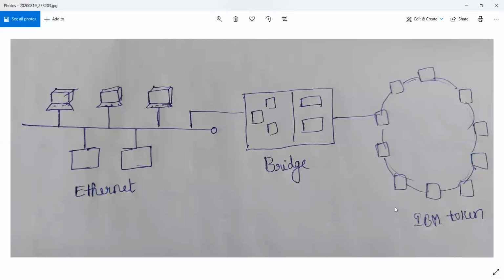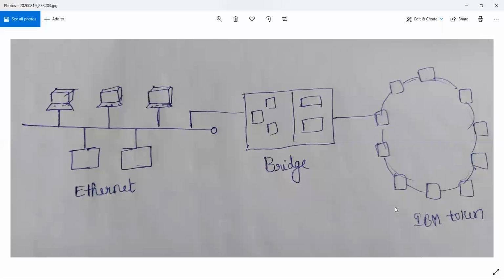To resolve that conflict, Ethernet is used. If Ethernet is used, even if two machines simultaneously send a message, the other machine will remain silent for some time, and it retries if there is a conflict. So in bus topology, Ethernet is used, and in ring topology, IBM token is used.